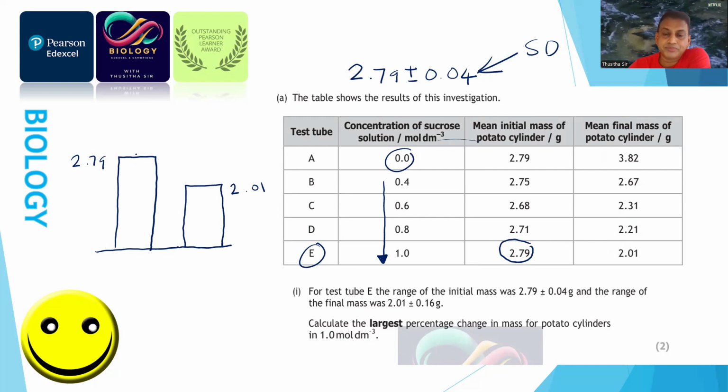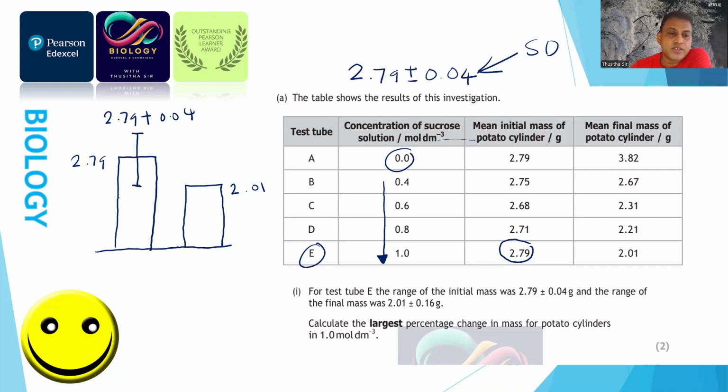For example, when we repeatedly measure this one, we get several values and we calculate the mean value. The highest value is 2.79 plus 0.04. The lowest value is 2.79 minus 0.04.